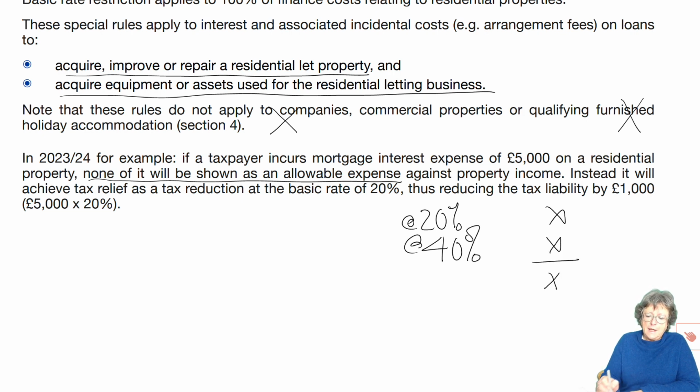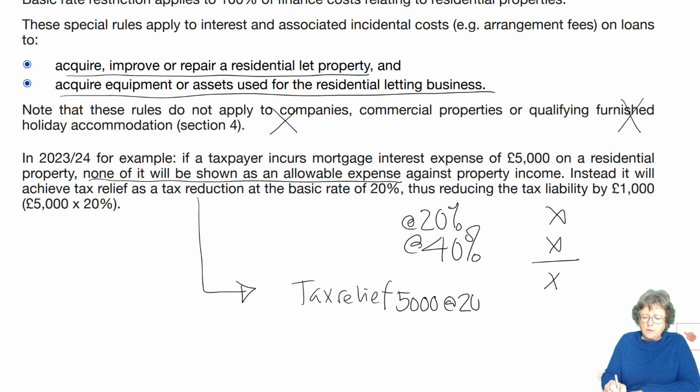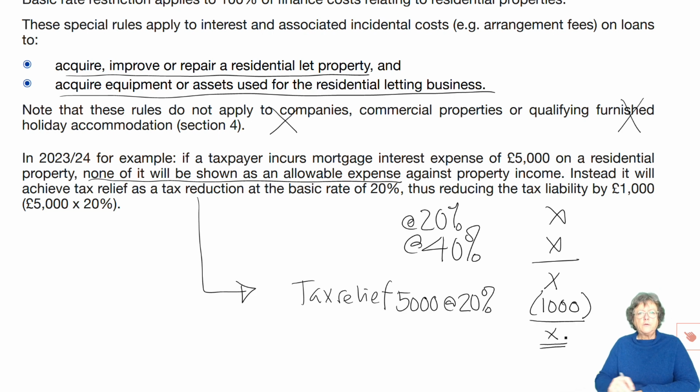Then you get this tax relief. And you would show the £5,000 interest at 20% because you need to show how you've calculated the figure. And that 1,000 would then come off your tax bill.